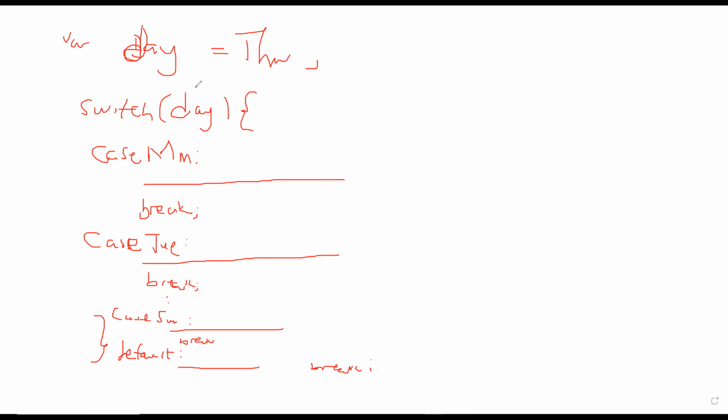So what happens is this: it will come into this and compare. Is Monday Thursday? No, it's not. So it's false. It will leave this one and go to the next one.